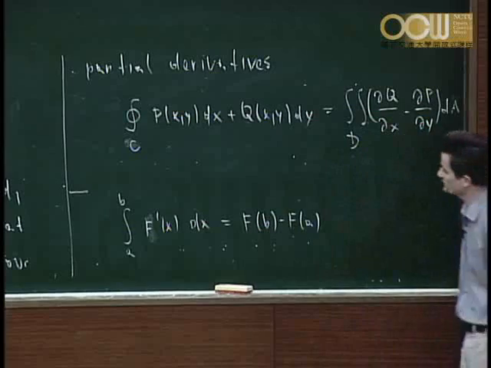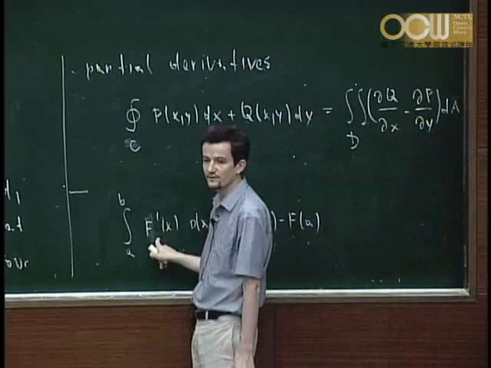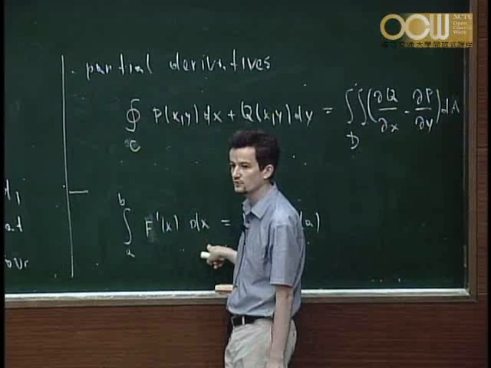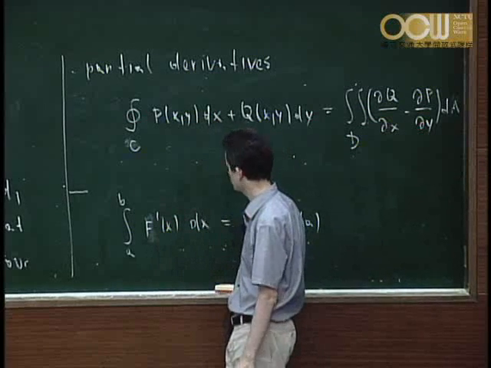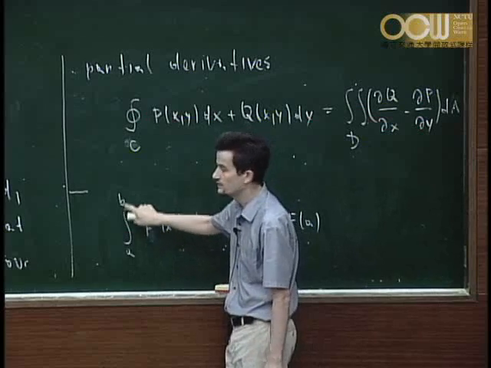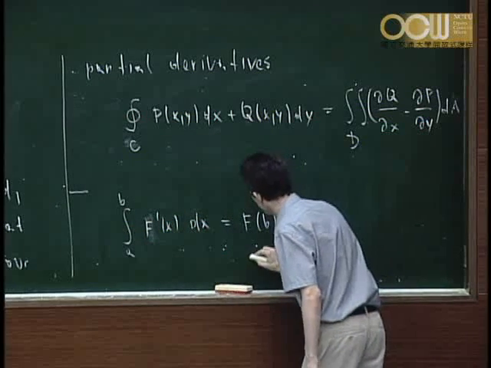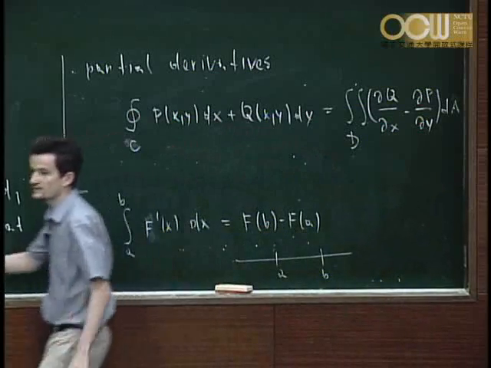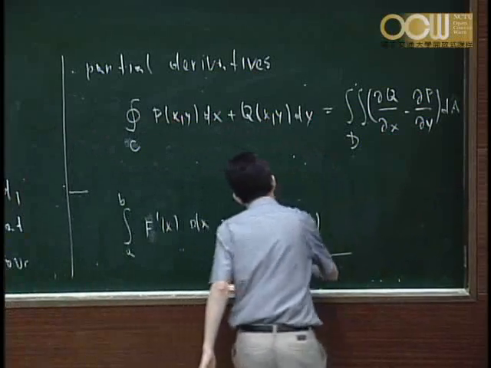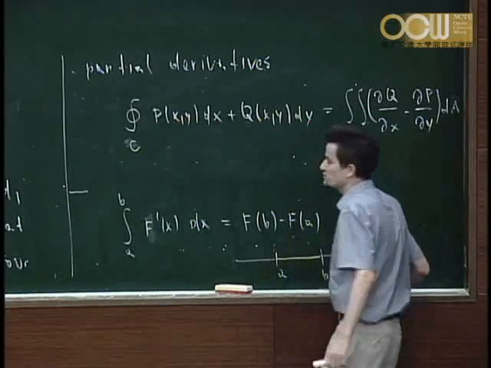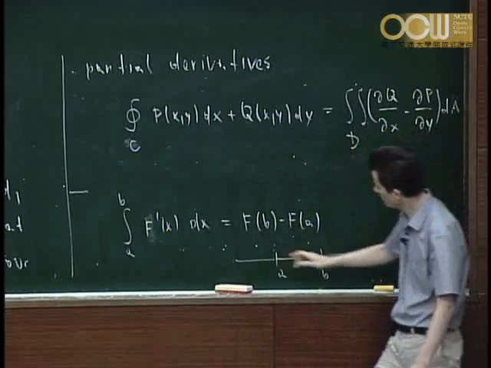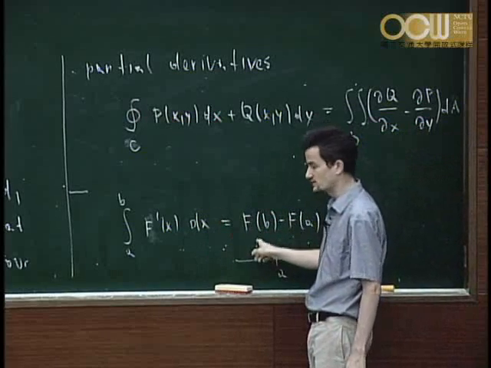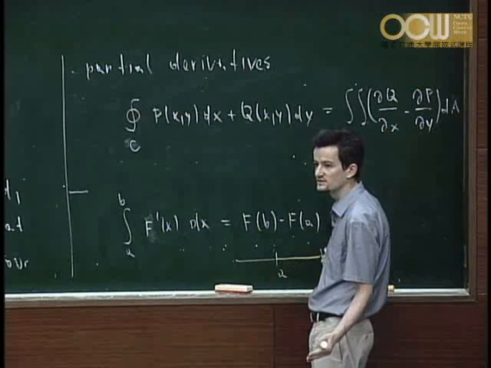So you have this function, and you have the derivative of f, which is here the integrand. You want to compute this integral, and how do you do it? The integral just depends on the two endpoints. You have the interval from a to b, which is the domain over which you integrate. The fundamental theorem of calculus tells you that the only thing which is important is this point and this point, the two boundary points.